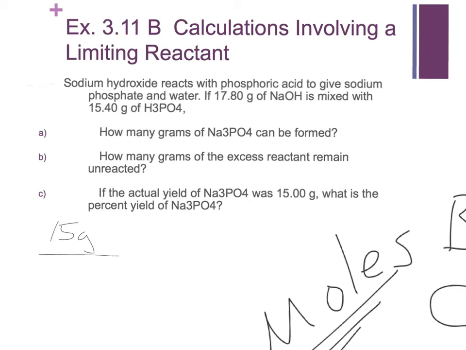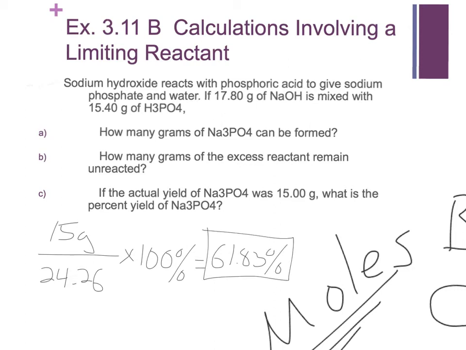I'm supposed to make 24. We just calculated that. I should be able to make 24, but I only made 15. What is my percentage of that? Well, 15 over 24.26 times 100 is going to give us a 61.83% yield. Okay, don't make percents more complicated than they have to be.